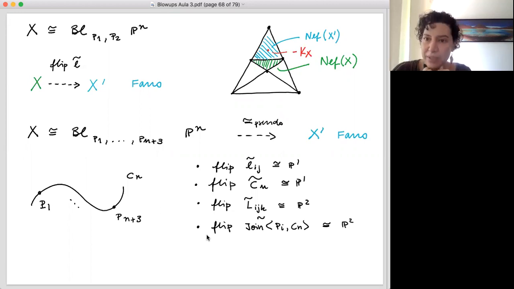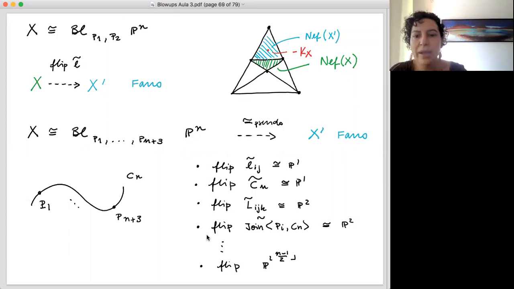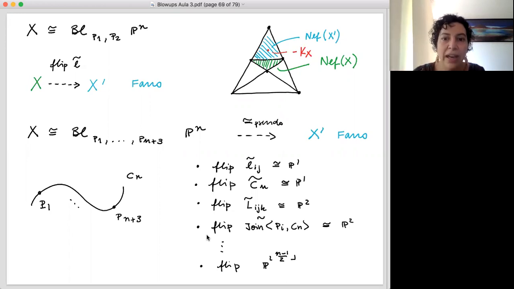Then I keep doing the same for all the linear subspaces in order of increasing dimension. I flip the lines, then the P^2s, then the three-dimensional linear subspaces, all the way until roughly half the dimension of P^n. After I do these flips, I get to a funnel model.